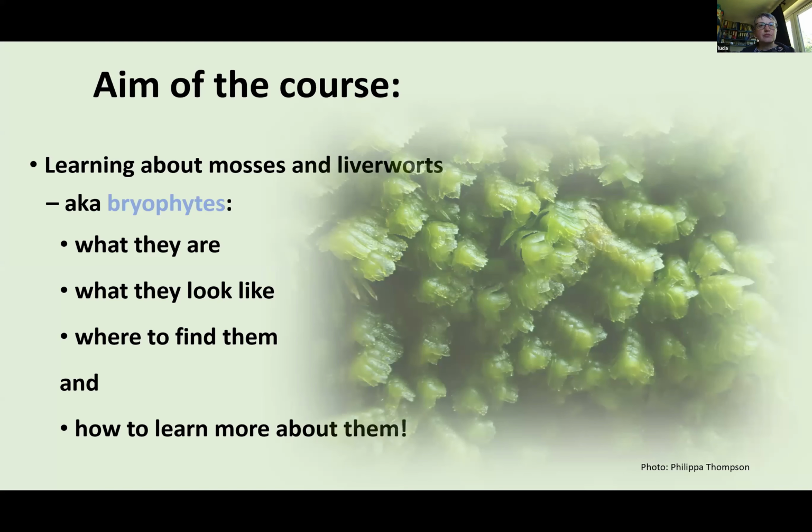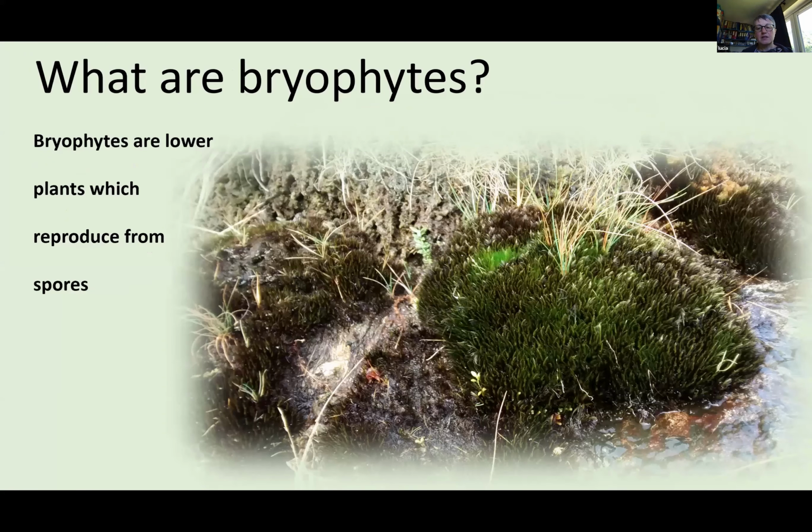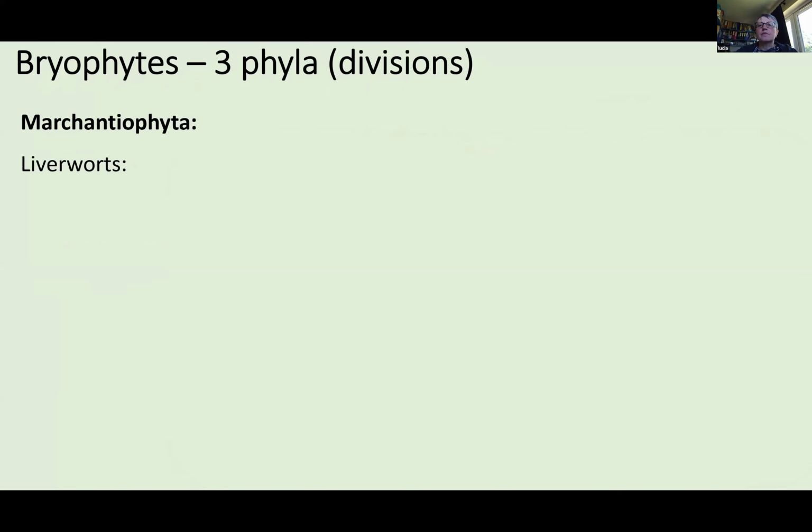Okay. So bryophytes, as a very quick introduction, are plants, effectively, and they are considered lower plants because they reproduce from spores. I'm not going to go into too much botanical detail, but that's what they are. There are 3 divisions of bryophytes, and the first division is Marchantiophyta, which is basically the liverworts.